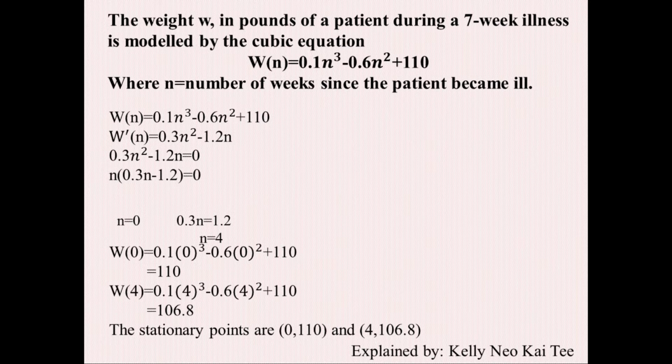To find the stationary points, we use the first derivative test for the function W and set it to 0. After getting the values of n, we substitute the values into the function W and get two stationary points, which are (0, 110) and (4, 106.8).